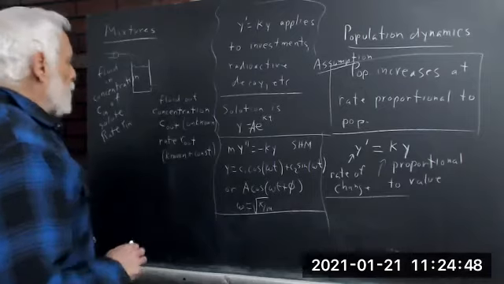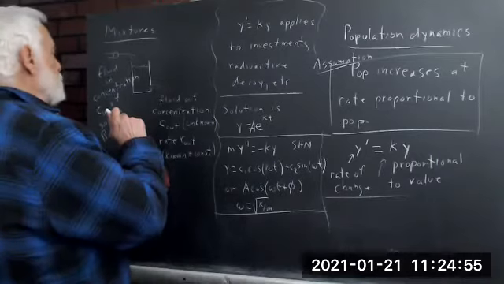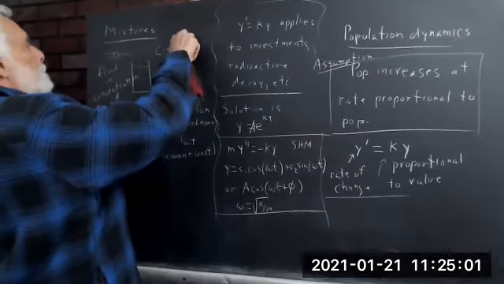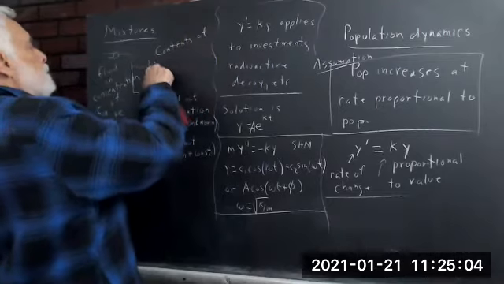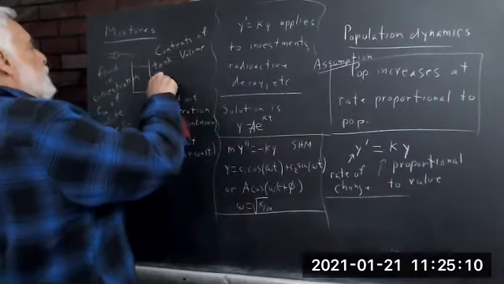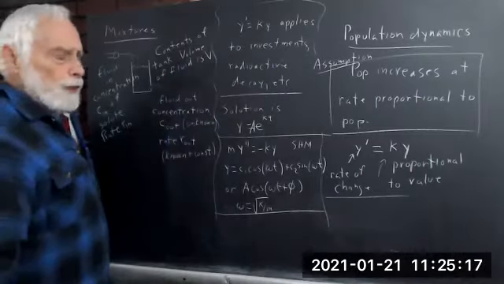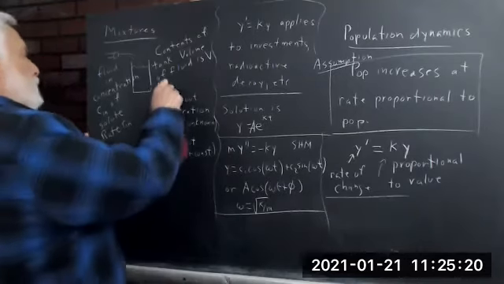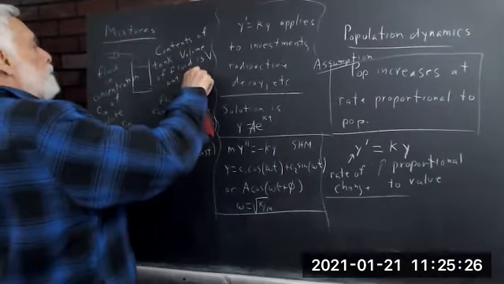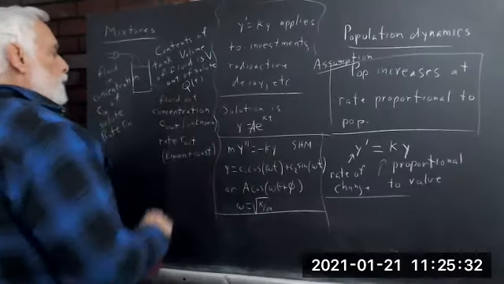Okay, well, what we want to look at is, in the tank, the volume of the fluid is V. And the amount of solute is Q, which is a function of t.